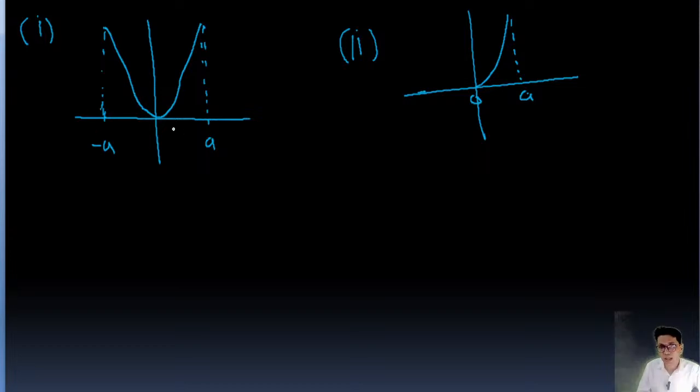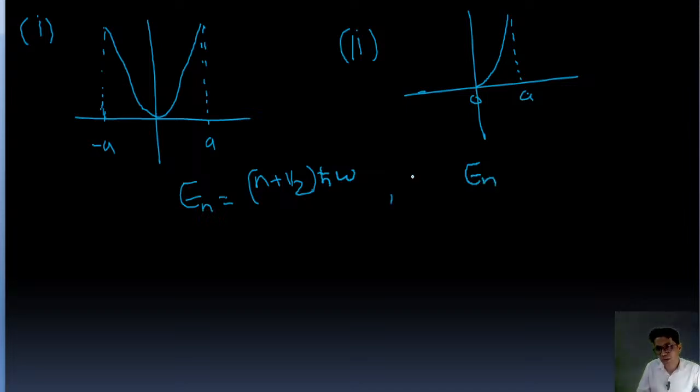Okay, and the energy we know, that is En. I have already explained it in the harmonic oscillator. This we know, n plus half into h cut omega. And for the half part of the harmonic oscillator, the energy is going to be 2n plus 3 by 2 h cut omega.